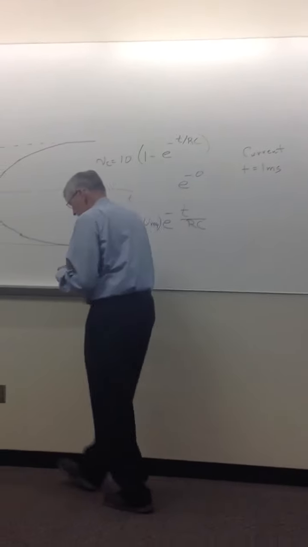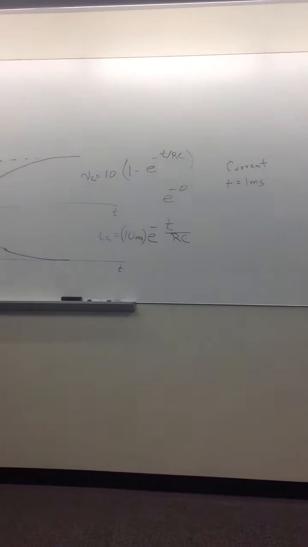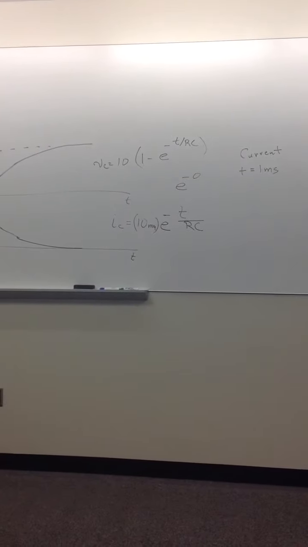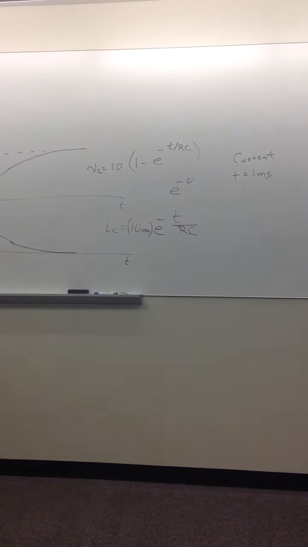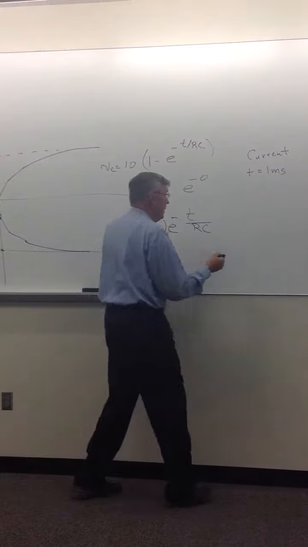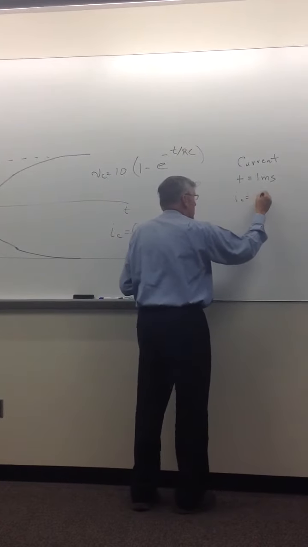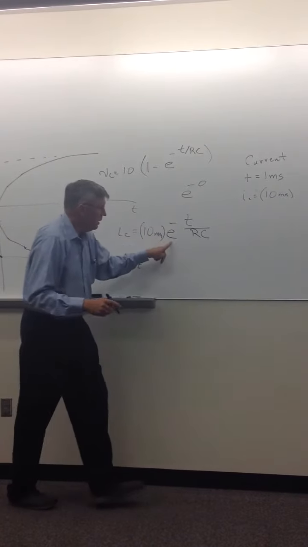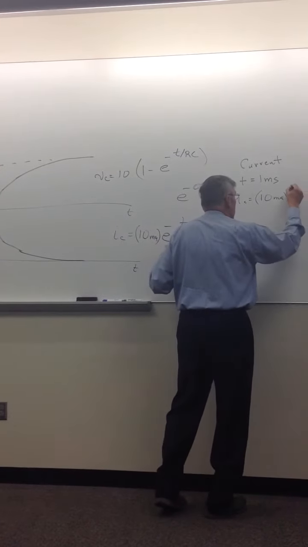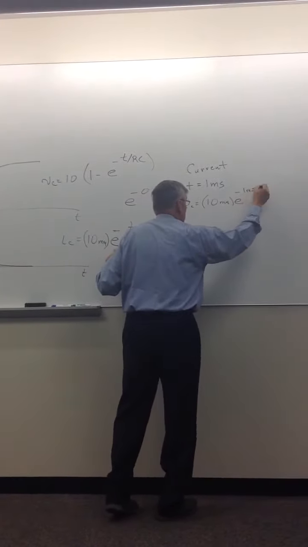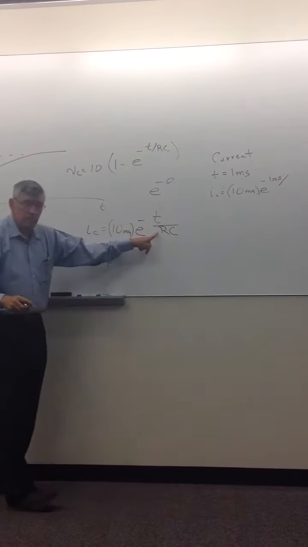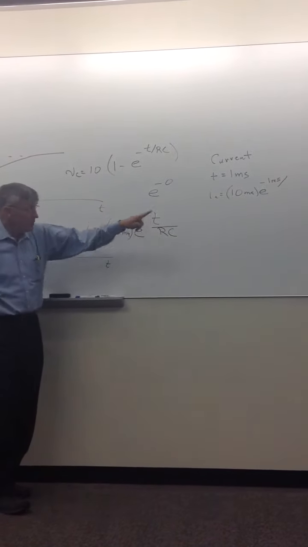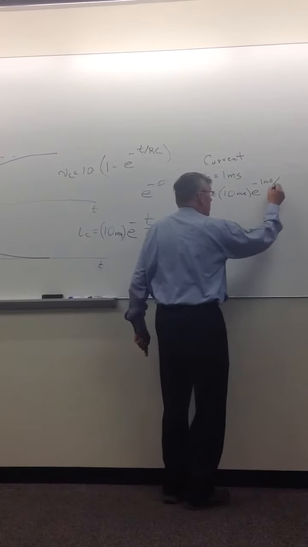I want to evaluate the current at 1 millisecond. So the current is going to be 10 milliamps, e to the minus 1 millisecond, divided by R times C. And we said that's also 1 millisecond.